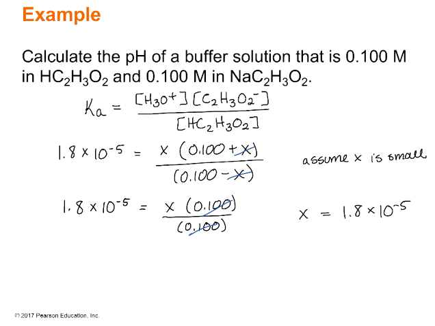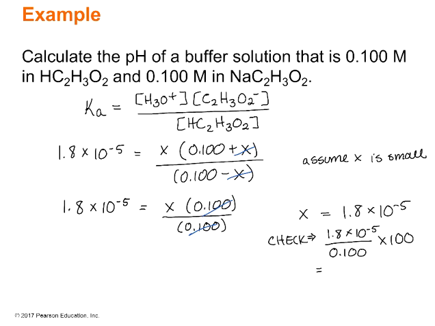Now, let's check and make sure that that is valid. We're going to take our hydronium ion concentration at equilibrium, which is 1.8 times 10 to the negative fifth, and divide that by our initial acid concentration, which was 0.1, and then multiply that by 100.